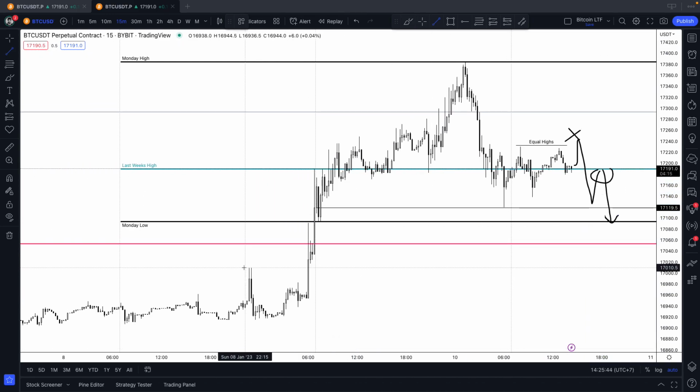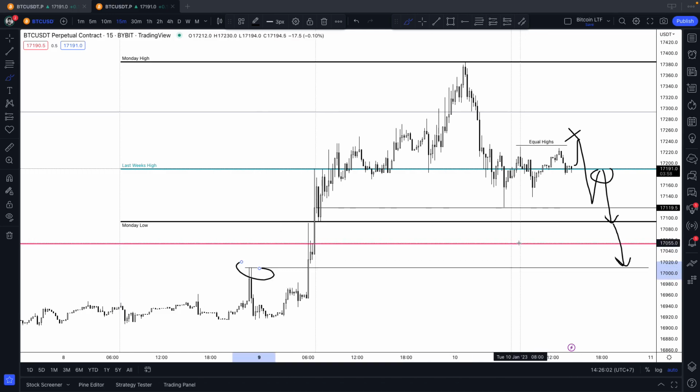It will be an easy sell if it rejects. If it pushes up, hits the equal highs, and that would be the TP2. Okay, clear.